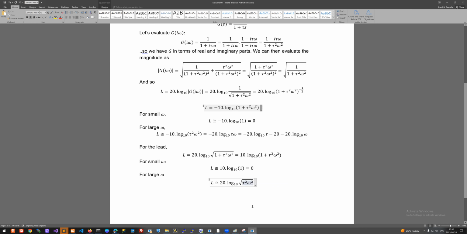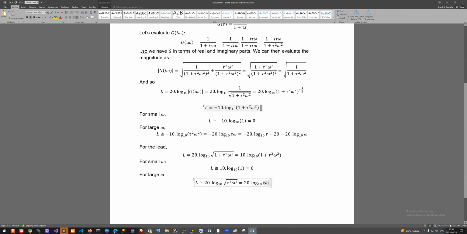So it looks like this, and this is nothing but the square root of tau omega squared, right? The squares and the square root give us tau omega.